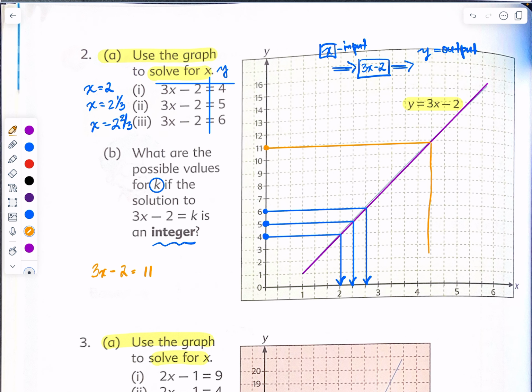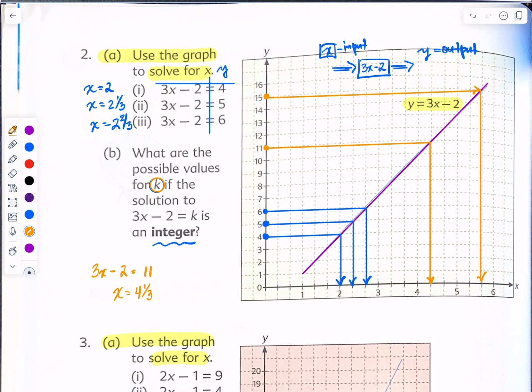And in this case, the input x would be 4 and 1/3. That's one example. Another example for k can be another integer. Let's say 15, right? 15, somewhere up here. Let's go to the graph and drop down.